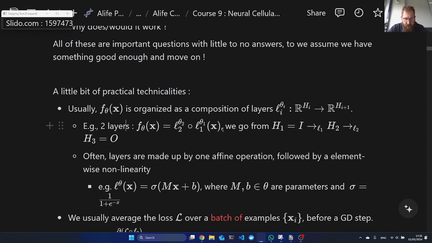So in this particular case, with this notation, we start from an input that has dimension h1. Then through L1, the first layer, we go to a dimension h2 vector. And then through L2, we go to dimension h3, which should be the output dimensions.